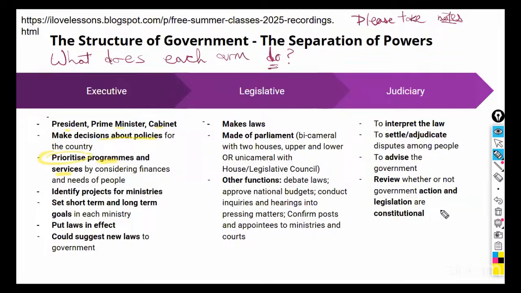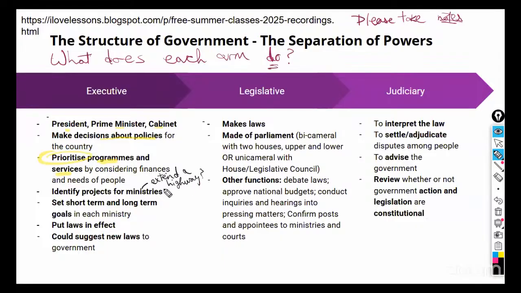Okay. Identifying projects for ministries. So think of roadworks. Are we going to repair a road, repair a highway? Well, instead of repair, let me say extend. Repair mightn't be so big a thing, they repave roads a little more frequently. But let me say extend the highway.